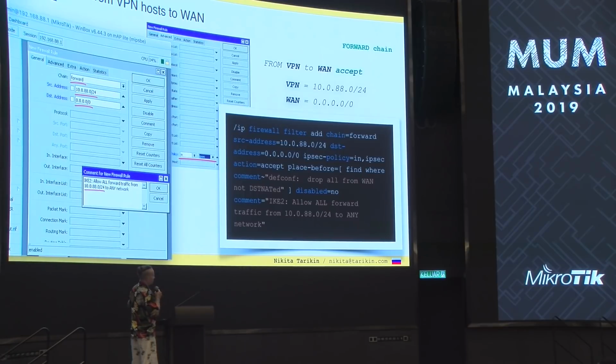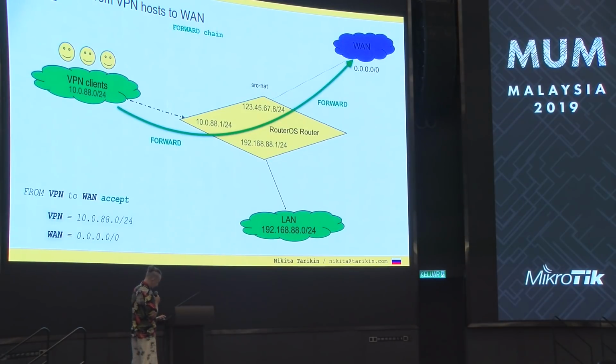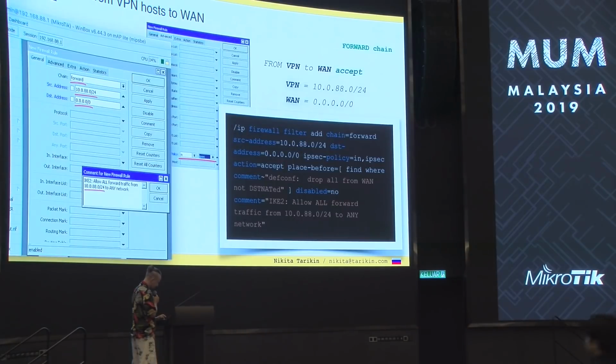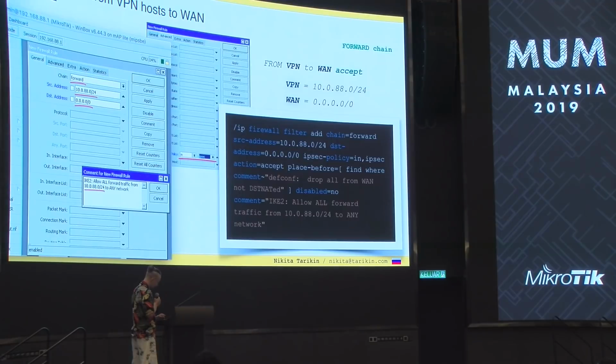So let's say the big difference here: here we only allow access to our LAN network, but not the internet. And here we allow without limitations from VPN to internet.